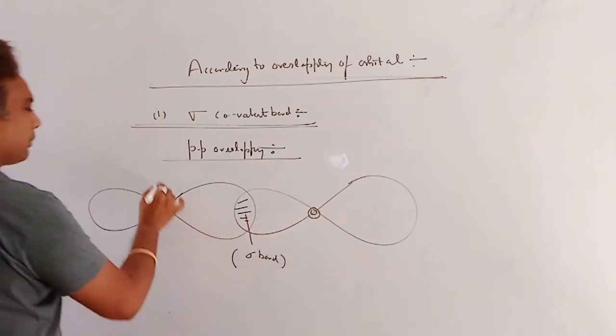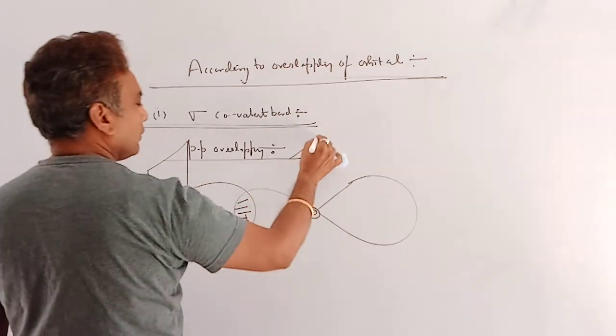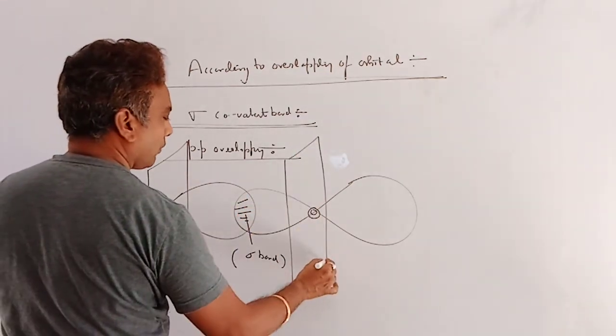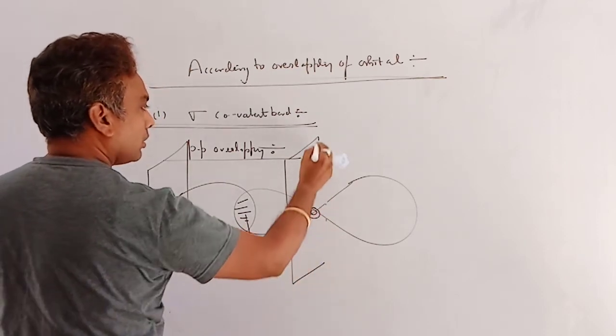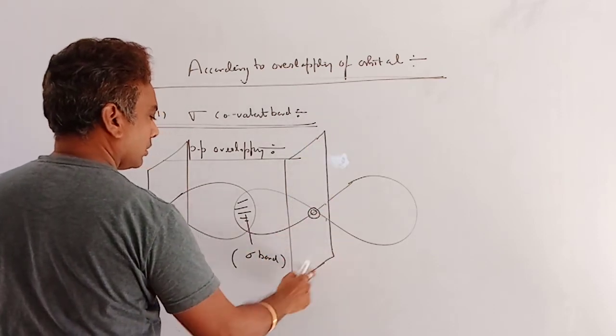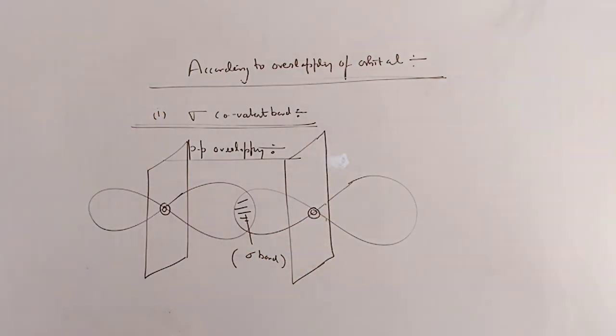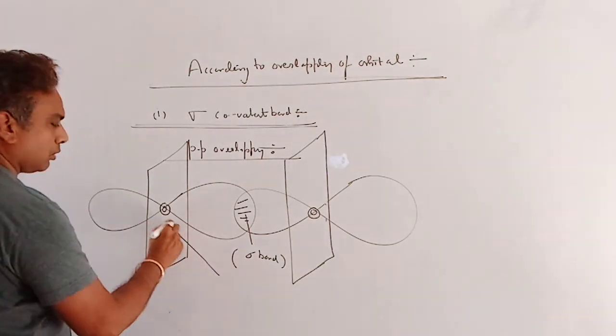And in this overlapping, two nodal planes are observed, which are perpendicular to the plane of overlapping. These are the nodal planes.